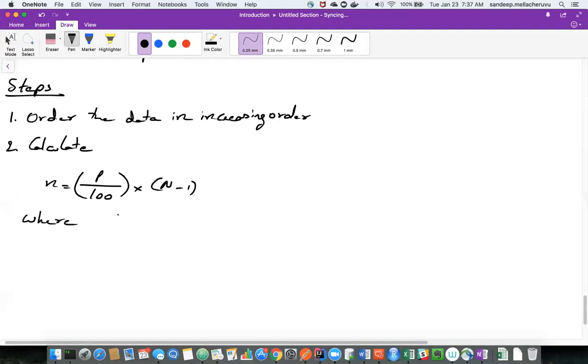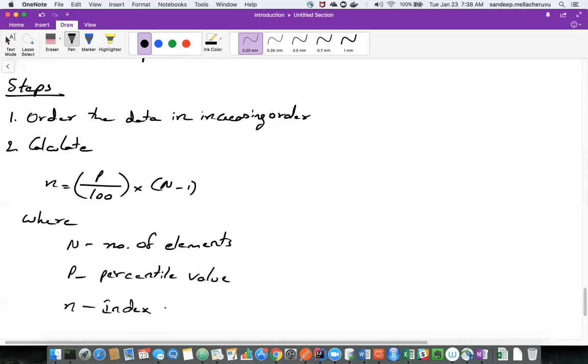I did not define the variables, so capital N is number of elements, and P is the percentile value, and small n is the index number, and the index starts from 0.